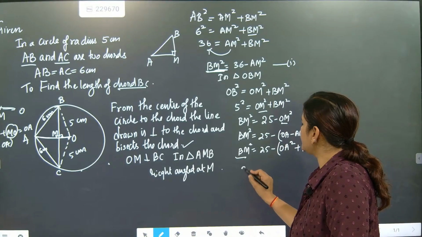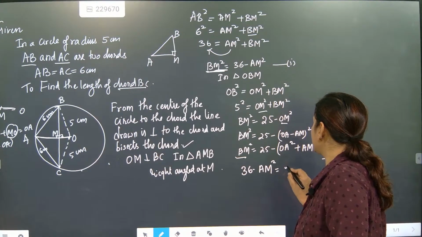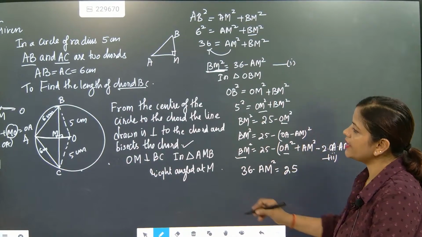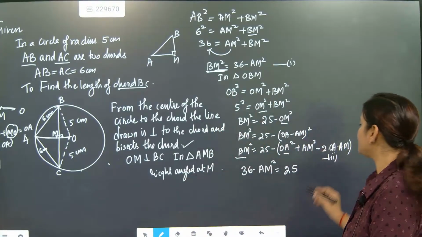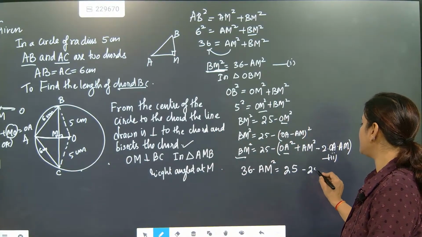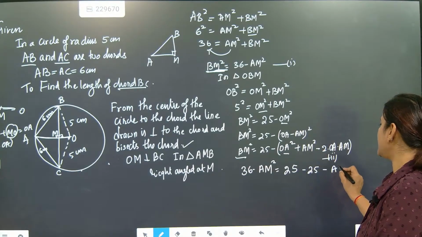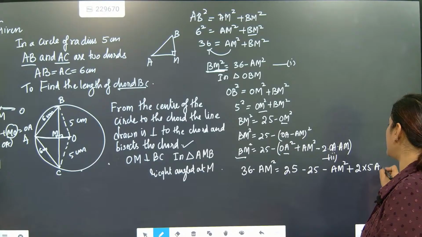So what are we going to write? 36 minus AM square equals 25 minus OA. OA is again the radius, so OA is coming as 5. So 5 square, so 25 minus (5 minus AM) square, plus 2 into 5 into AM.